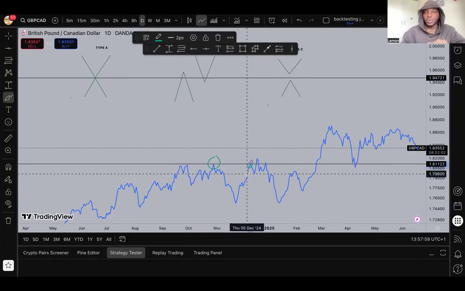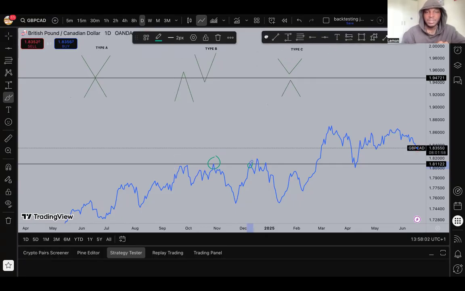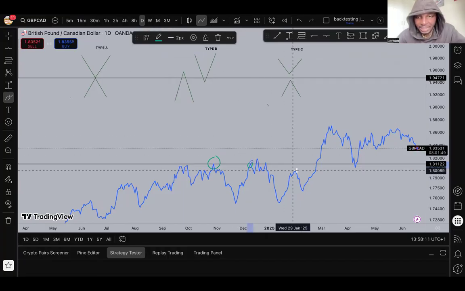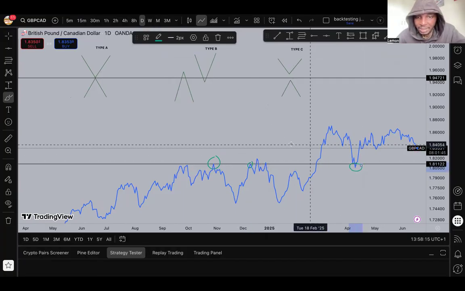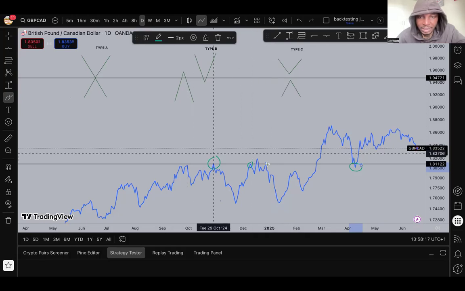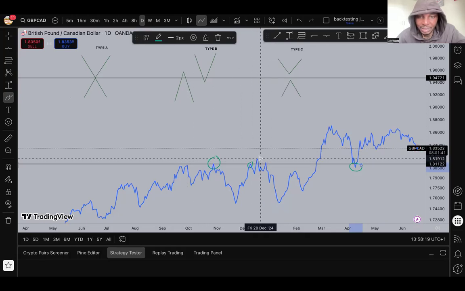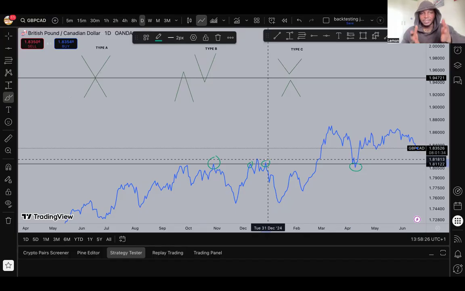And let's say we are looking for a type B support and resistance. Type B means it went through, then came back down. So this is it here. This is our type B. This can still be our type B support and resistance.